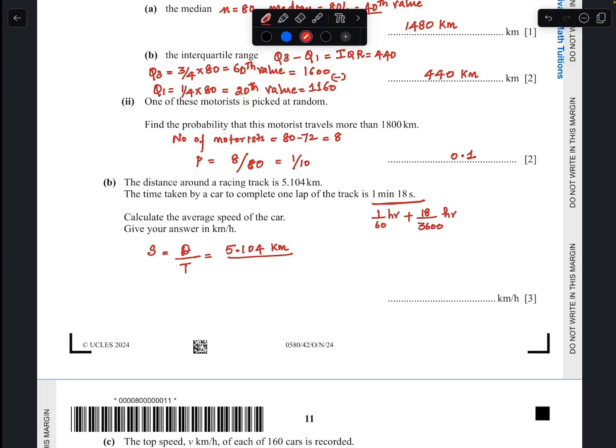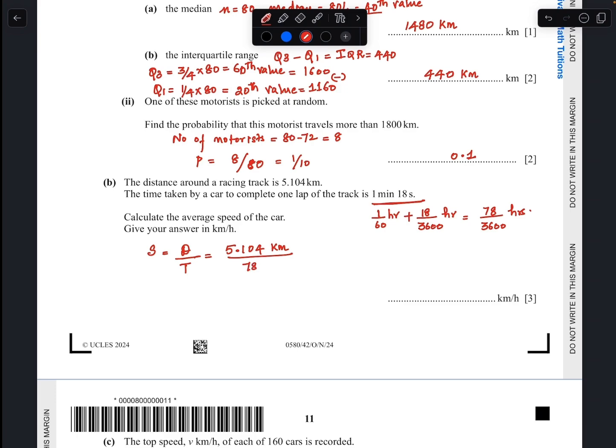So if we take the LCM, finally we will get 78 by 3600 hours. I am not simplifying it here.